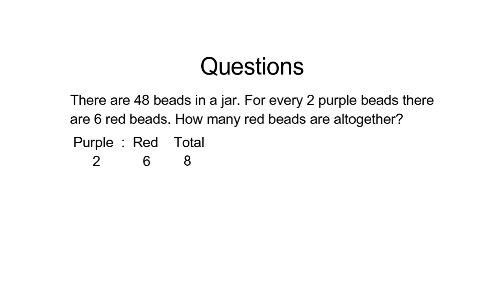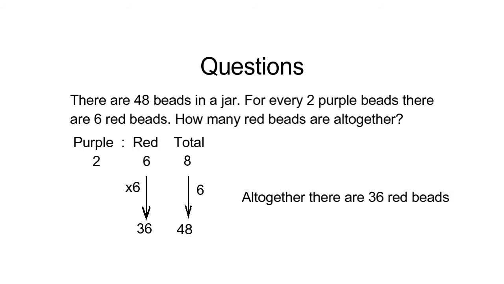And then we divide the total beads, that is 48 beads, by the total ratio, that is 8. So we get 6. To find out how many red beads, we will multiply by 6. Here, 6 times 6, we get 36. So altogether, there are 36 red beads.